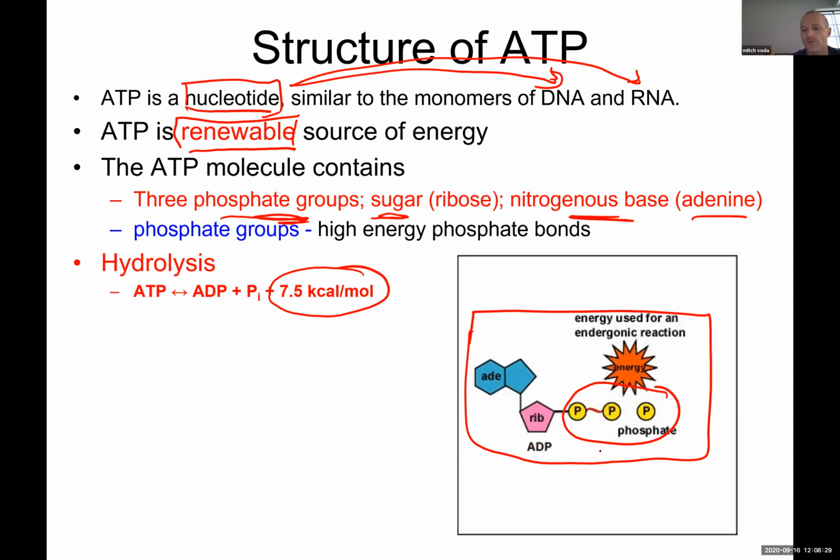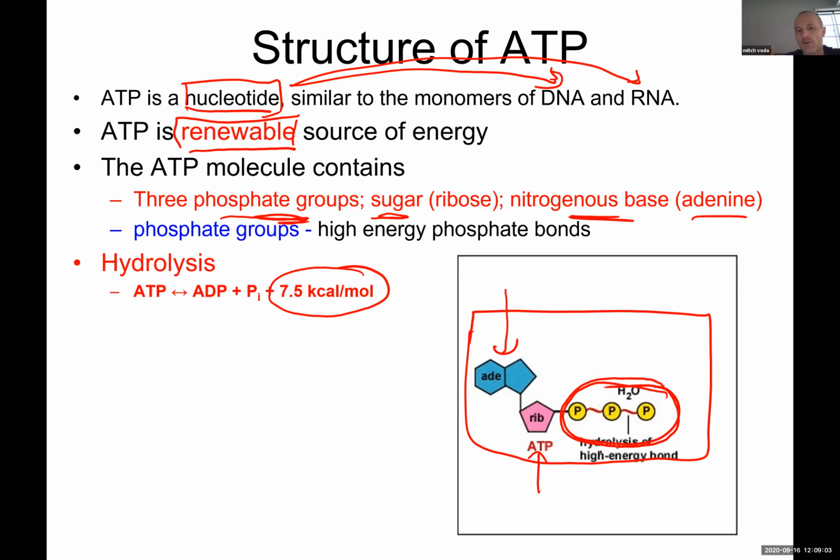It has the same sugar that's found in the RNA, and it contains only adenine, not the other bases. Is that clear? There are other forms of energy, CTP, which could be cytosine sometimes, or GTP, which is guanosine or guanine. The main difference between the nucleotide and ATP is that it has 3 phosphate groups.